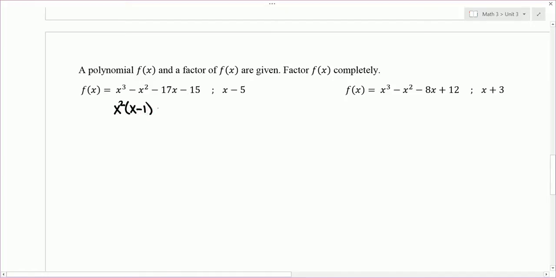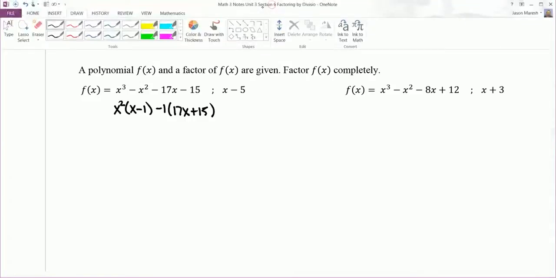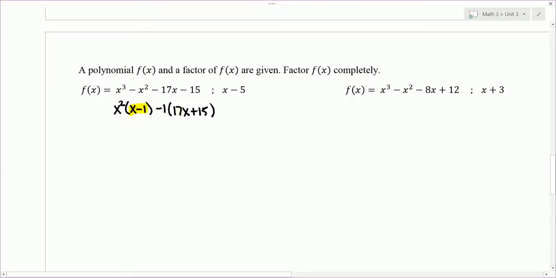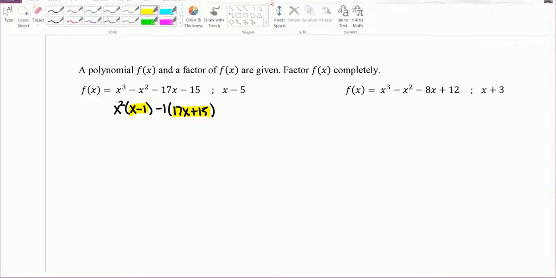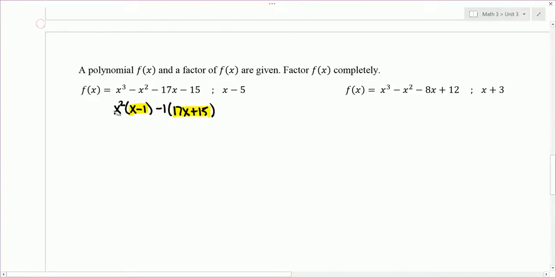The right 2 terms can't factor out anything, so I'll factor out a negative 1. And you can already see factoring by grouping is not going to work because what we have in the parentheses doesn't match. Right here we have an x minus 1, here we have a 17x plus 5. Nothing's going to work here for us, so we definitely need a different method for factoring.